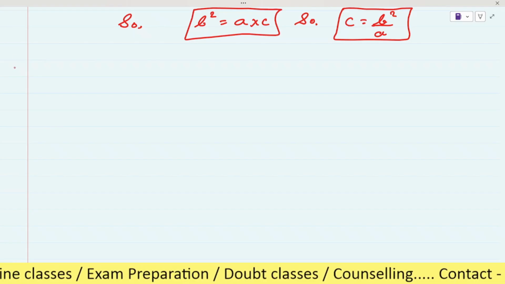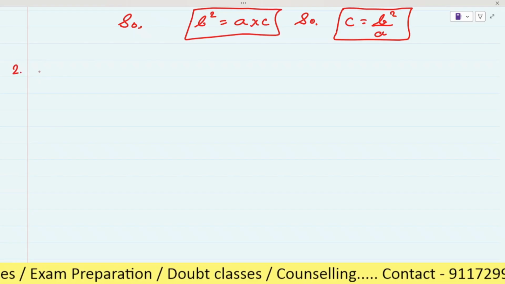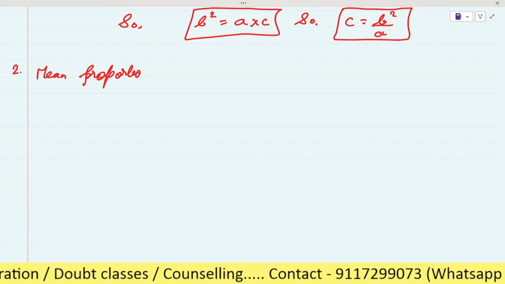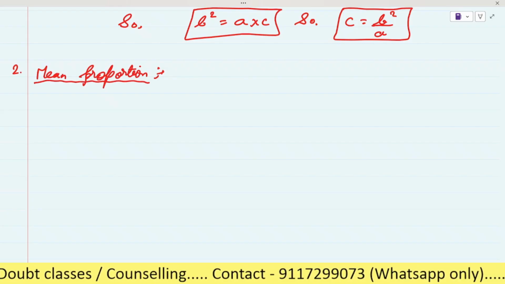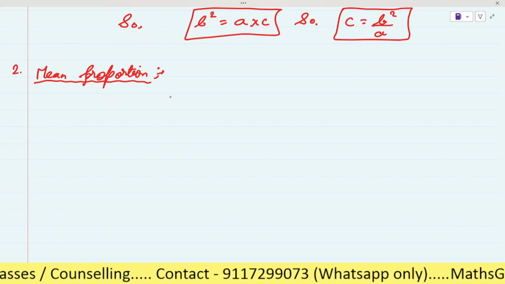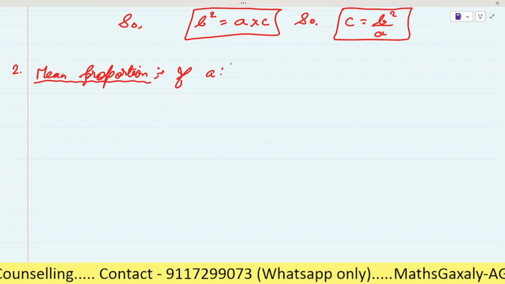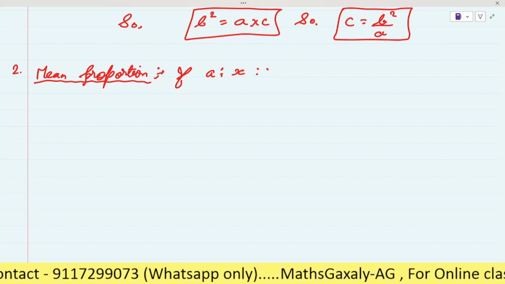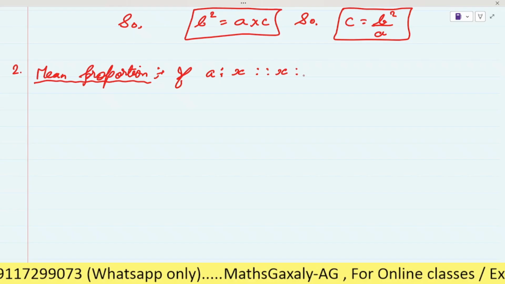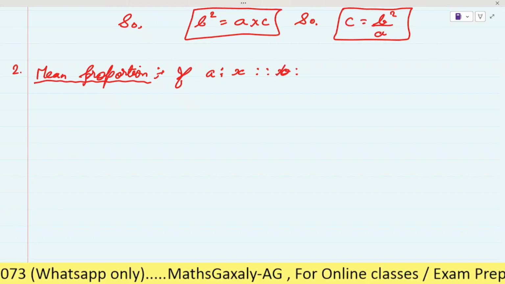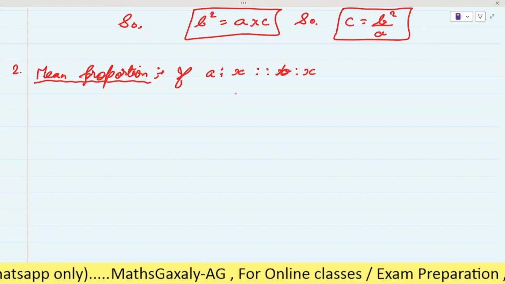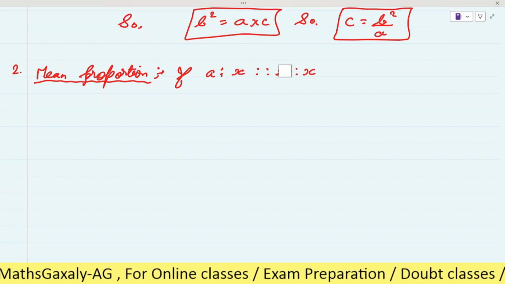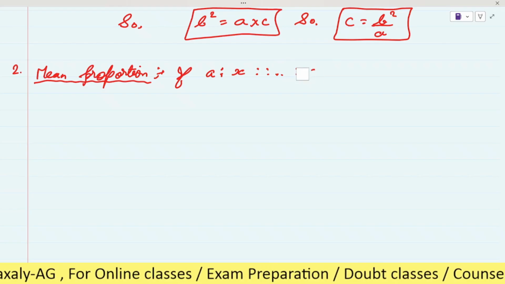Now let's see here. The second type is mean proportion. Let it be any other number, say x.